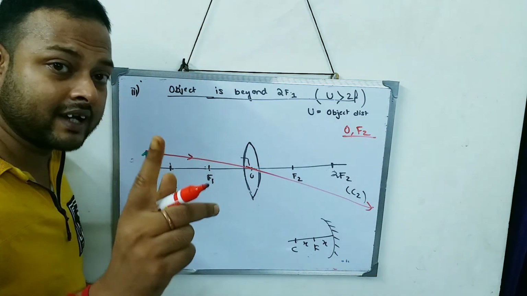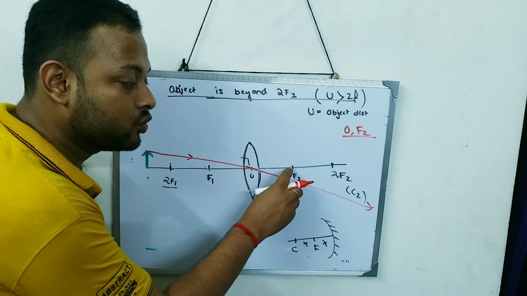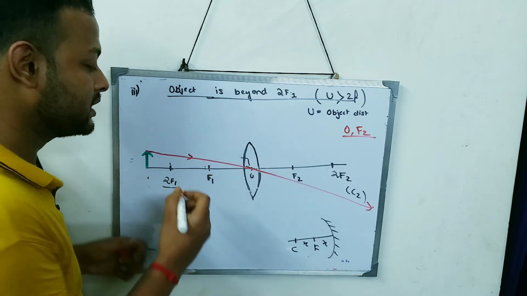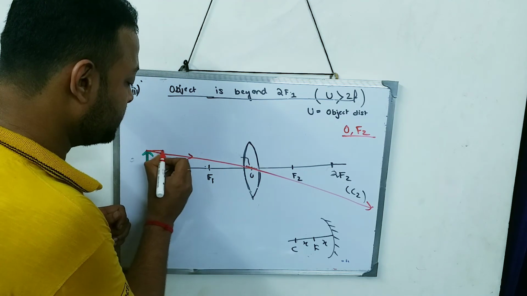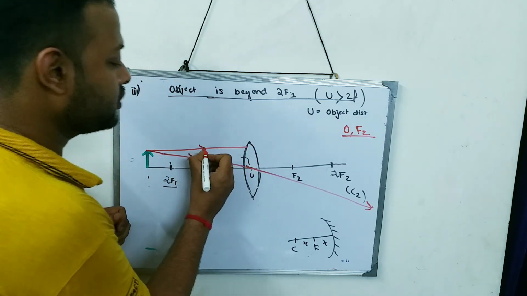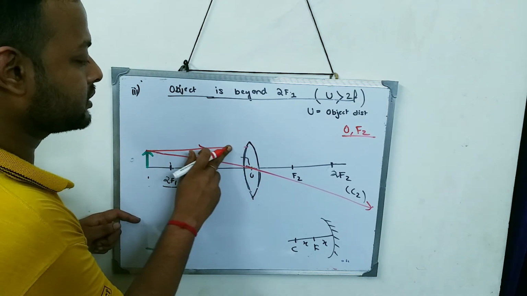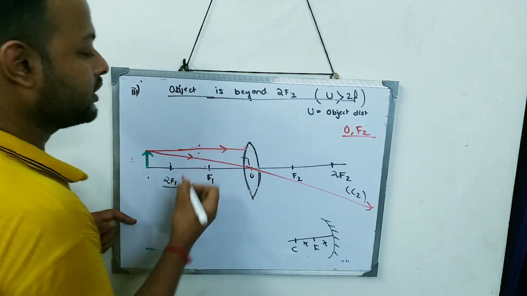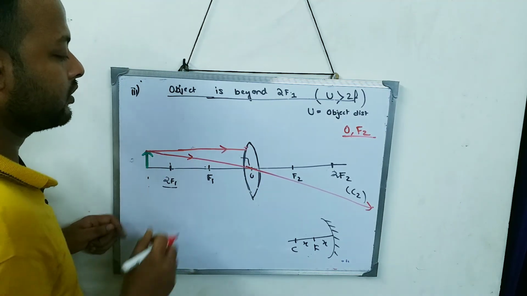Do you remember the second rule? If the ray has to pass through F2, then the ray has to be parallel to the principal axis. You can see this ray is parallel to the principal axis.